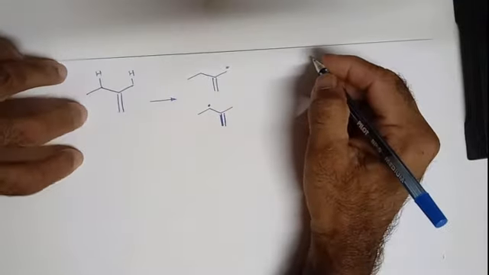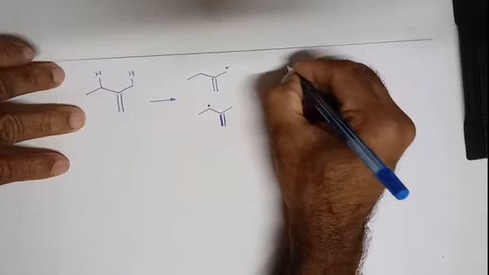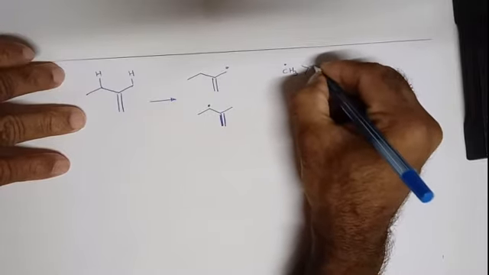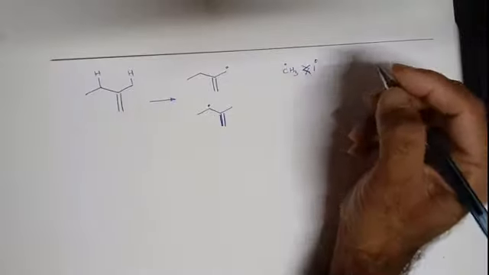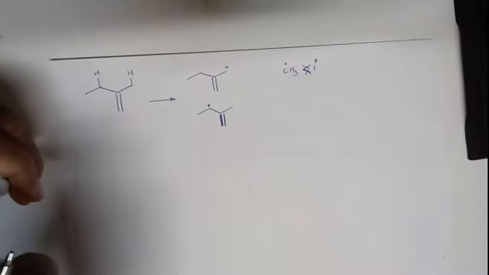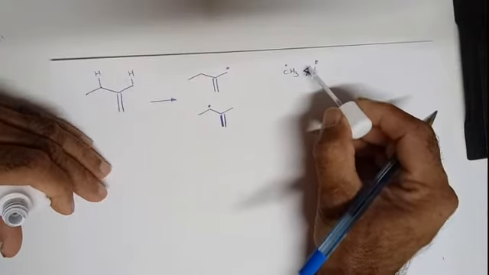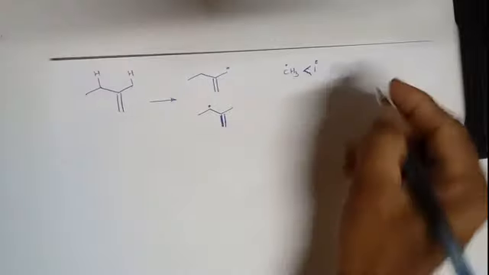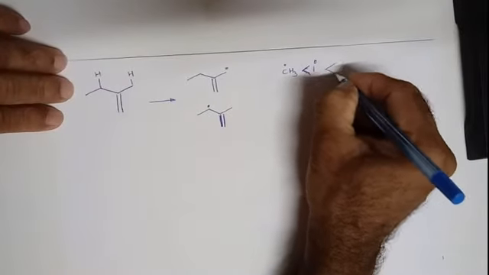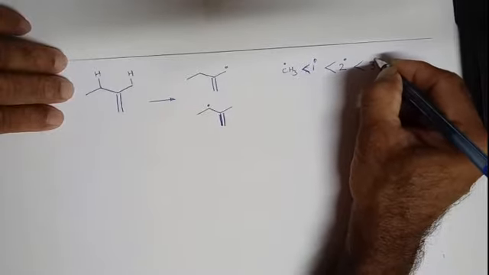And at some point we have learned that CH3 radical is less stable than primary radical, which is less stable than secondary radical, which is less stable than tertiary radical.